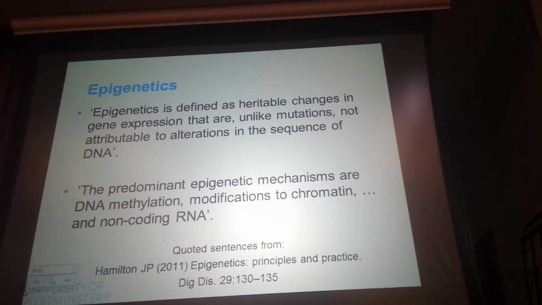And the regulation of the genes can be either at the level of the promoter, when you have hypermethylation of the promoter, so some factors or proteins can't bind to the promoter to turn on your genes. Or you can have modification of the chromatin, or you can have also non-coding RNA that will regulate the genes.